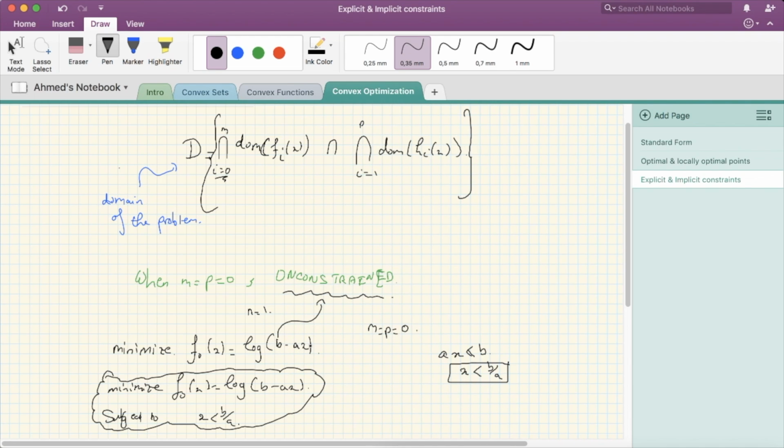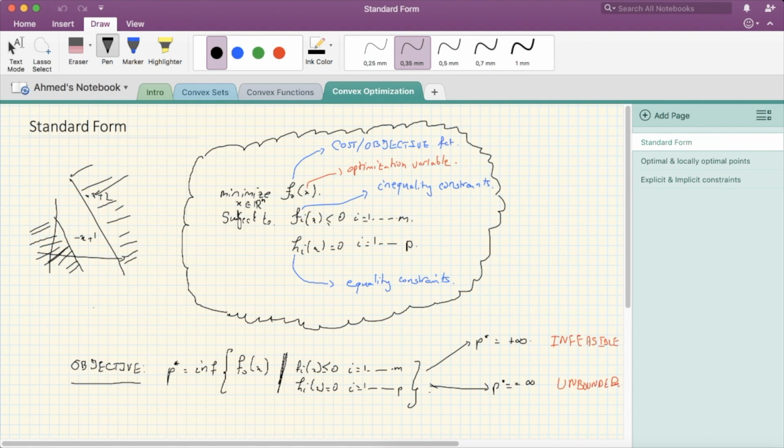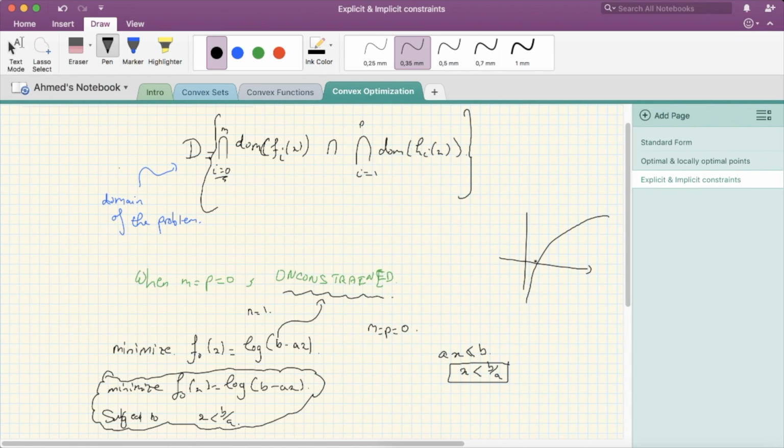You don't want to work on those x's. So let me draw log x for you right here and show you what I mean. So let's say this is the log x function, and you're trying to find an x that minimizes this function. So, if we go back here, then p star is minus infinity as it is, and therefore, the problem is unbounded. So there is no x that minimizes this function, because if you pick x equal to 0, it's not in the domain of f, right?